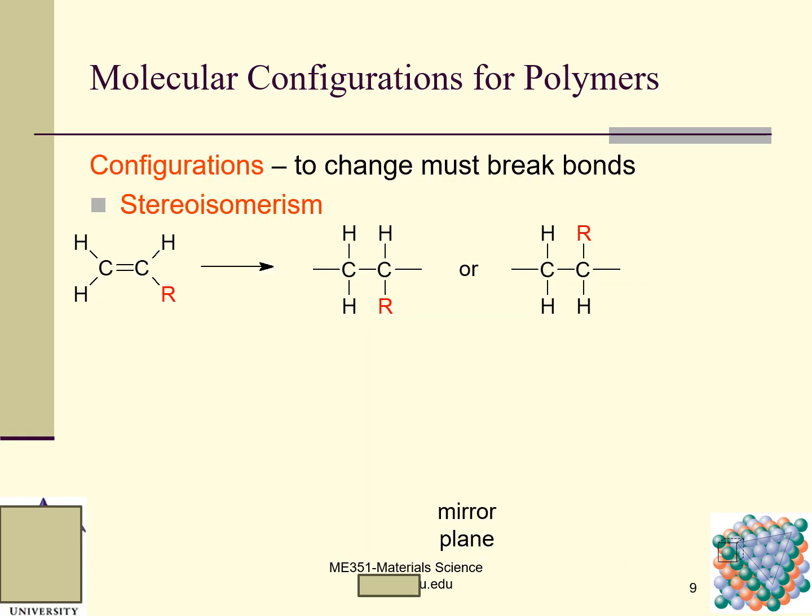Molecular configuration for polymers: to change configuration you must break bonds. First we talk about stereoisomerism.